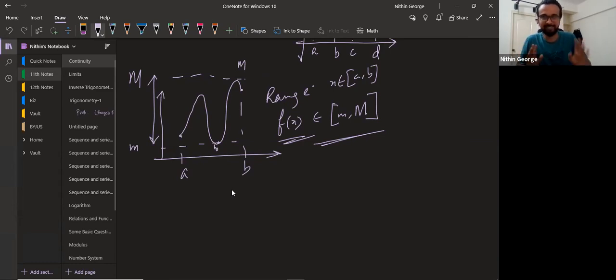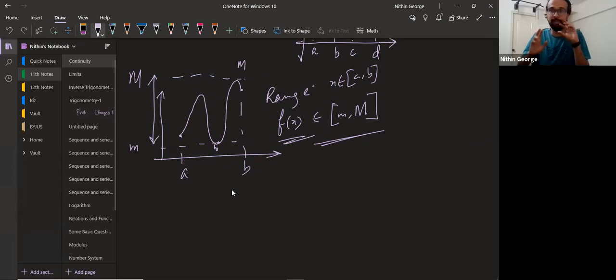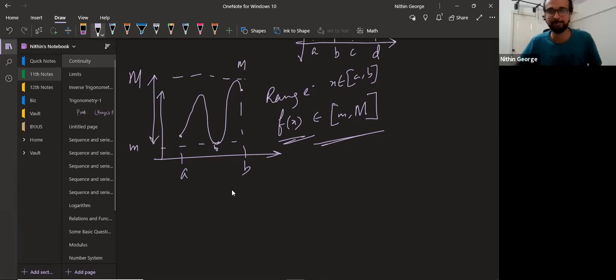They can ask a question where it's very tough to find the limit, or a function that looks so complicated but might be a little easy to find the limit of. So they can test your knowledge of limits on this also, not just graphs. If you draw a graph for everything, you're sorted, but that's generally not the case.